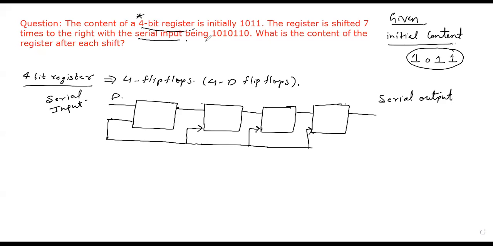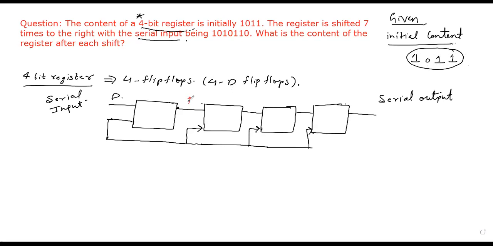That means we have to serially input the values into this register 7 times, and analyze what the value should be at each shift, in terms of right shift. There will be a change in this part: it is now 1011, so it can become 1100, or 1110, or 0111, anything it can be. We'll see this, and I'll use a different color so that you can understand.